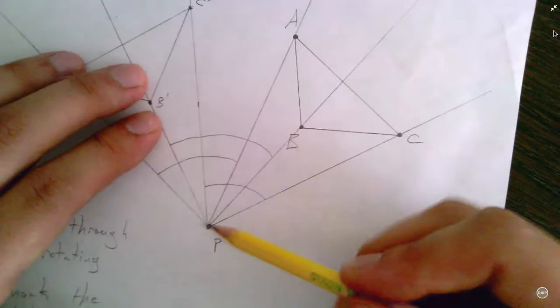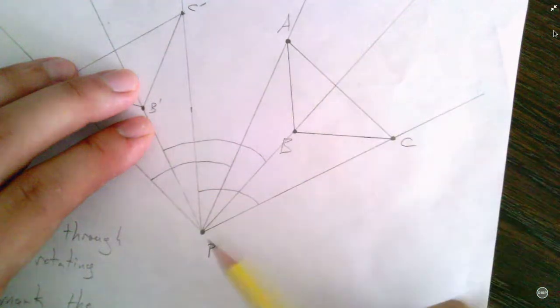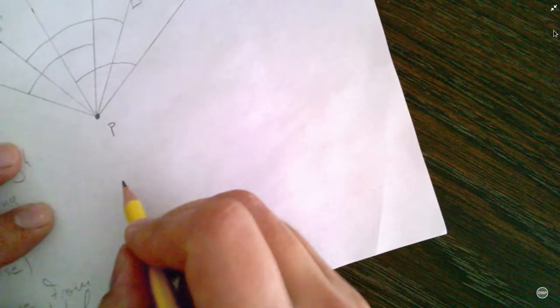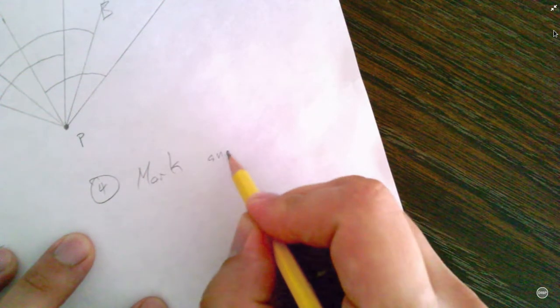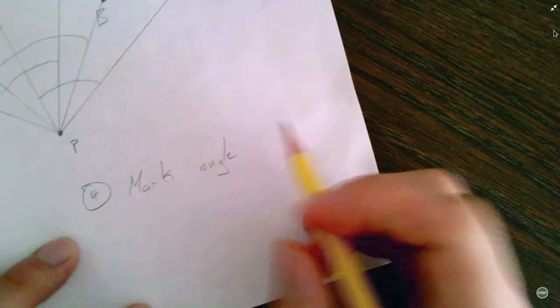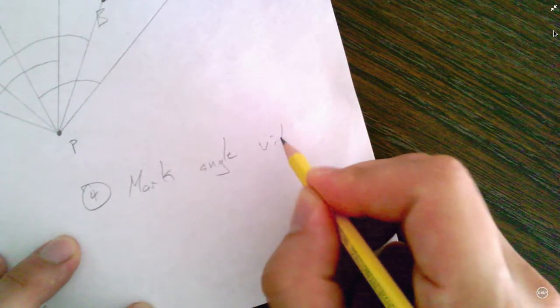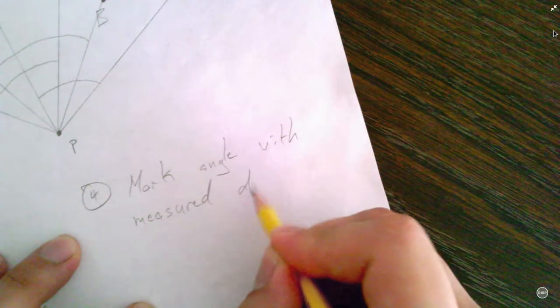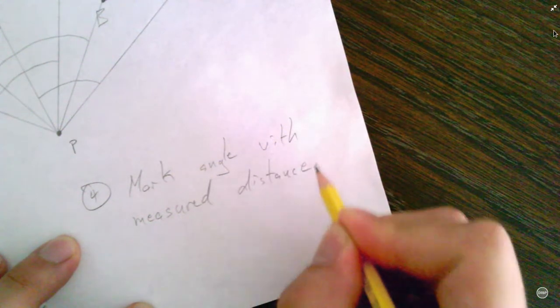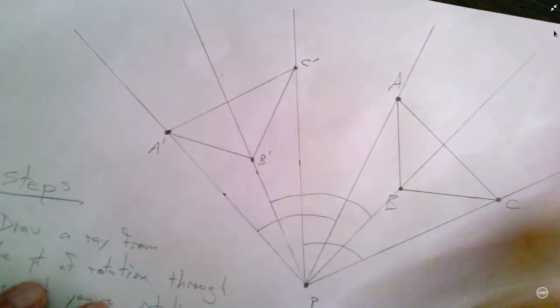Okay, so that's measuring the distance from P to A, or P to B, or P to C. Okay, which brings us to our fourth step. And our fourth step is mark angle with measured distance. Okay, and that will allow you to connect the dots and create all of your rotations.